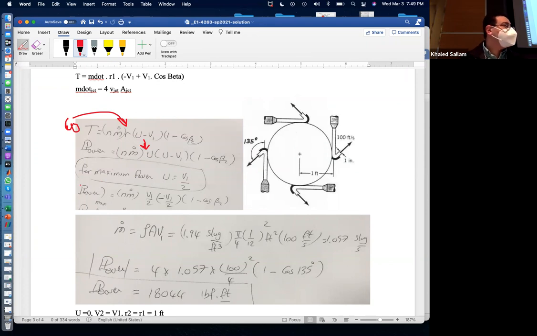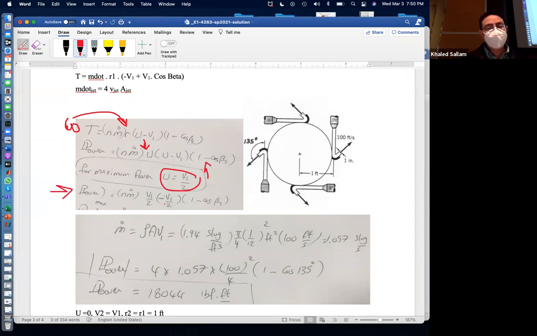There is a maximum power. If you spin too fast or too slow, that's not the maximum power. The maximum power happens at U equals V1 over 2. And so when he substitutes this in this equation, he gets power max.